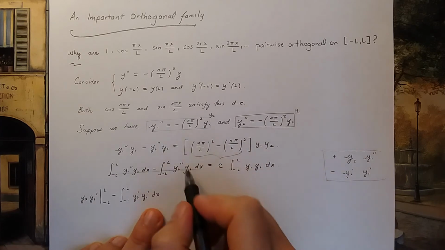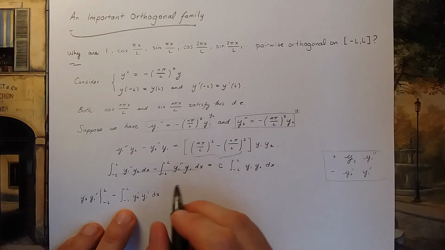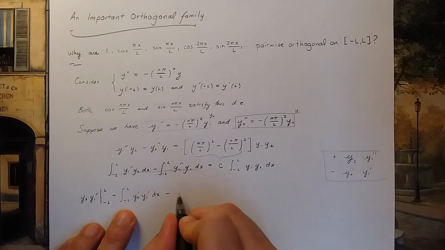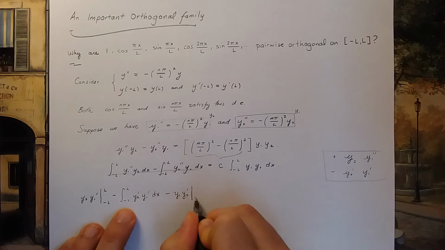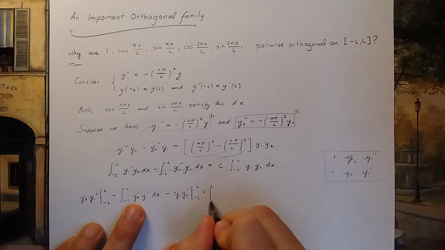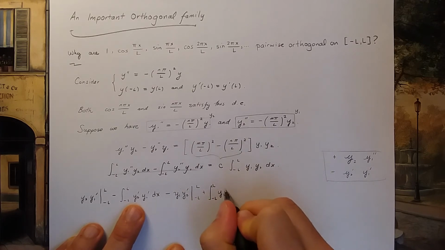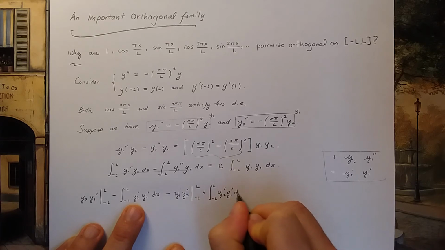And then I could do the same thing for the second term, except reverse the roles of y1 and y2. So I will get minus y1 y2 prime evaluated at negative L and L. And that would be plus the integral from negative L to L of y2 prime y1 prime dx.